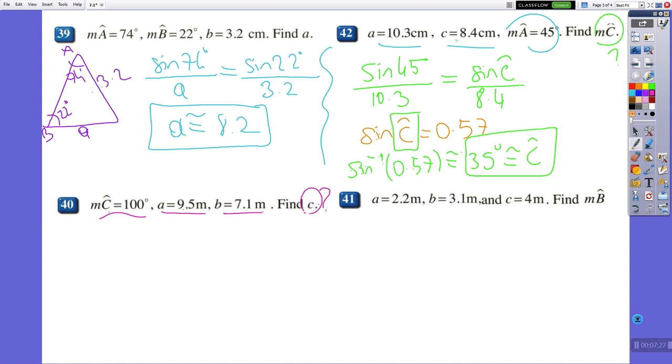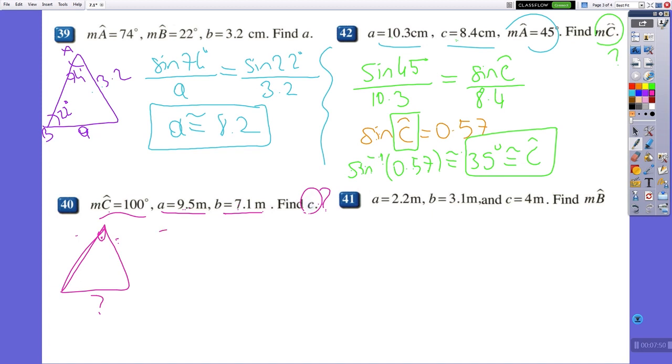You don't know the side opposite, you are given the other 2 sides. So we are going to apply the cosine theorem here. You are given 2 sides and 1 included angle, which means we are going to apply the cosine theorem.